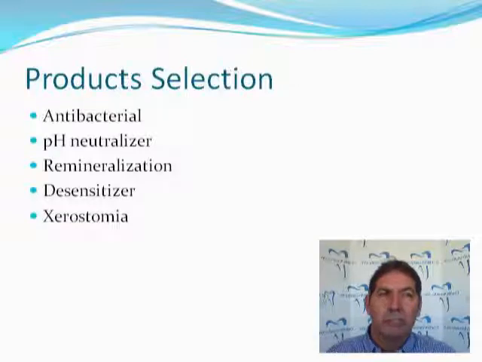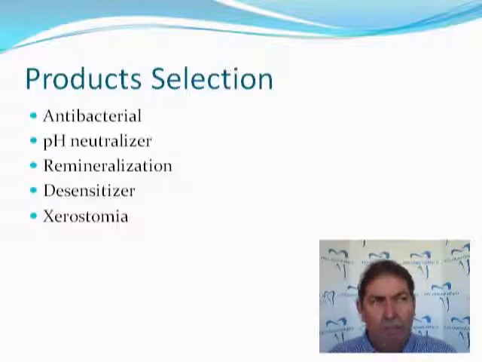Product selection, these are the main components of product selection. It needs to be antibacterial, and we'll talk a little bit more about that. Neutralizing the pH. So, we have constant acid challenges in our diet, and you need to address that with some type of bringing the pH back to neutral. Remineralization.